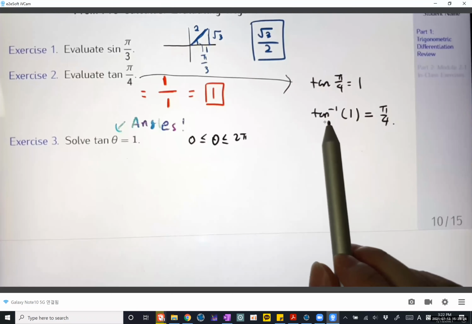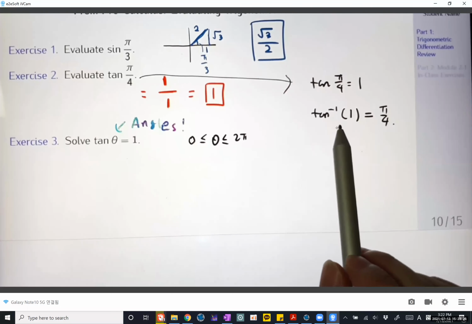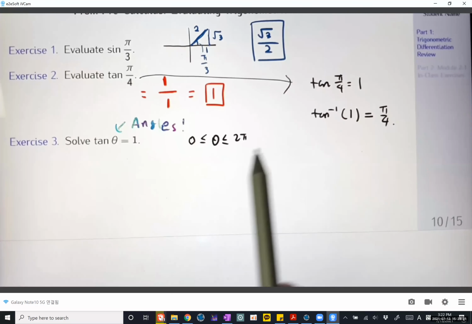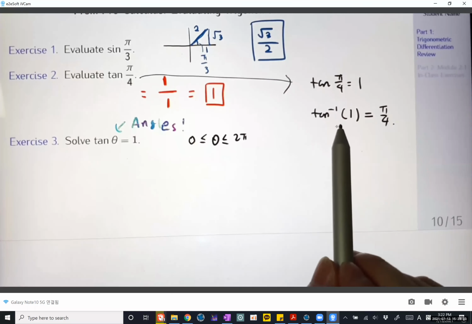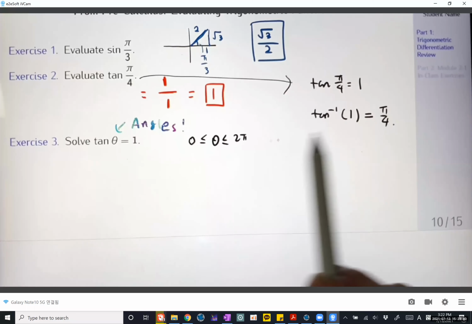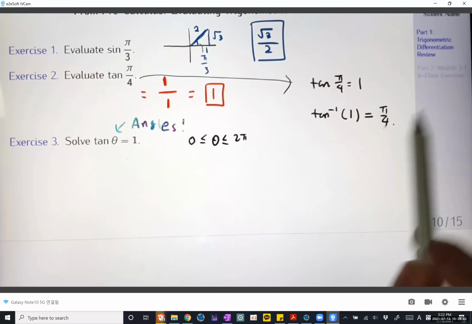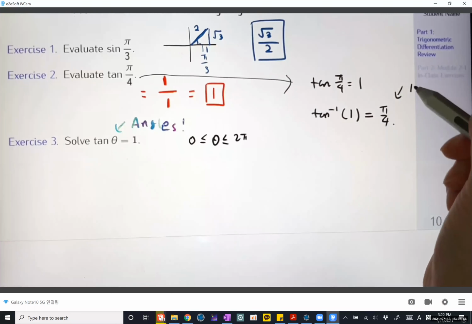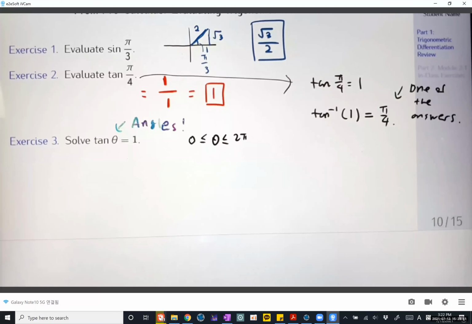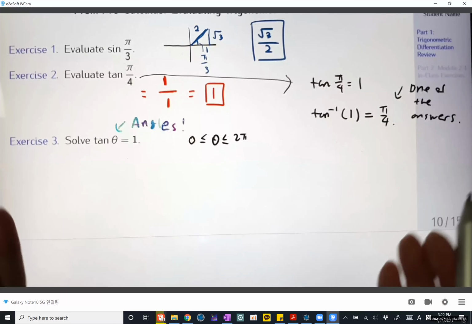This way actually works if we are lucky. The reason I'm saying lucky is that there might be more answers between 0 and 2 pi. Pi over 4 could be just one of the answers. You understand? One of the answers, but it doesn't mean that's the full solution.